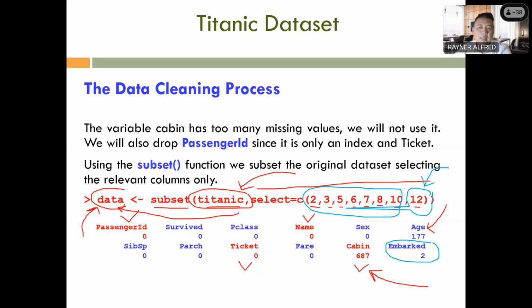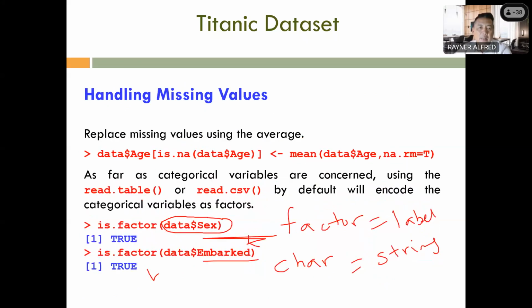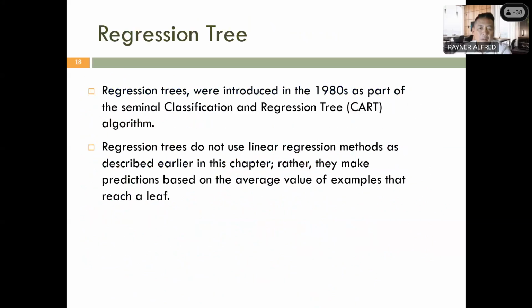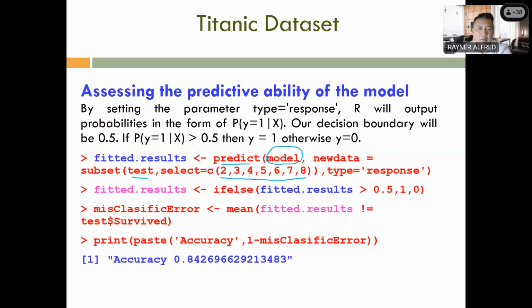That's why in the prediction here we only have columns 2, 3, 4, 5, 6, 7, 8, meaning that we will not include the dependent variable. When we perform prediction, all the output will be stored in here.